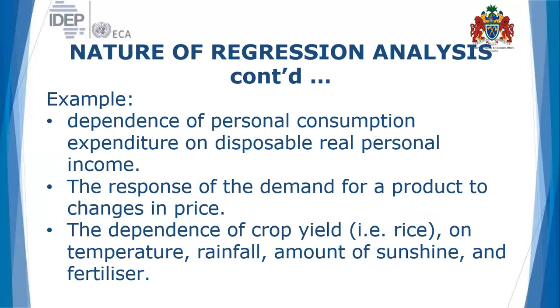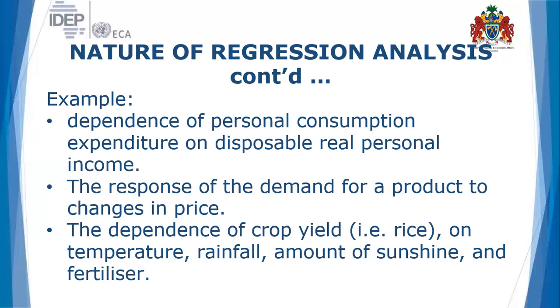I want to see how a household's consumption expenditure changes in relation to the changes in disposable income of the household. Another example could be the response of the demand for a product to changes in price. So this could be a marketing manager asking, how does the demand for our products change when we change the price of the products?